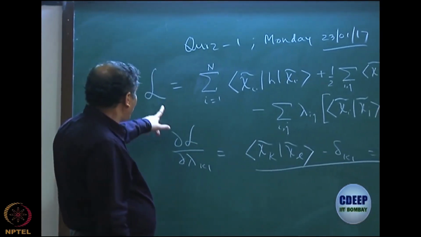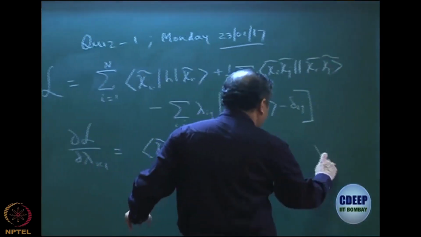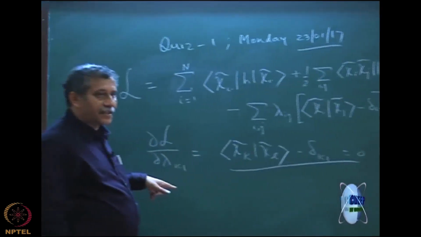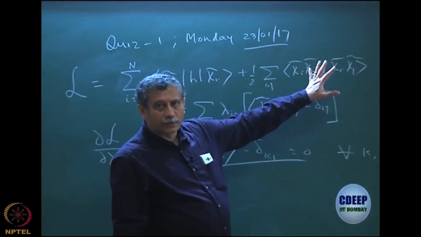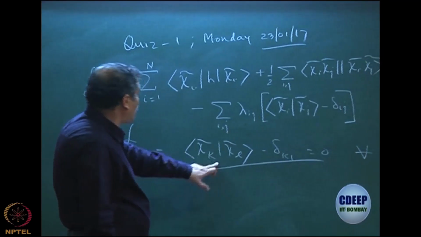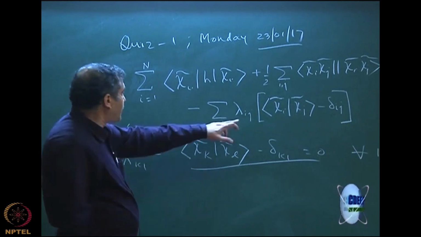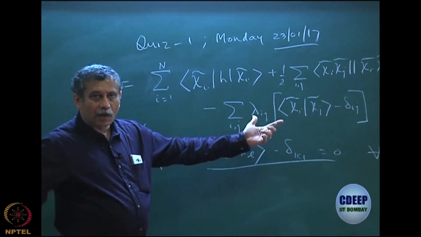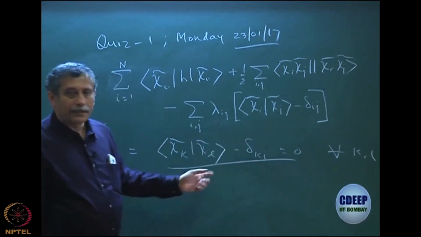If I take the first derivative with respect to a specific index kl, where ij was a dummy index, I am going to do it for all kl, but one set of indices at a time. Say I take lambda kl. Then the first part will not contribute because there is no lambda there; this is a partial derivative. Only the last part contributes, and only when i becomes equal to k and j becomes equal to l does the derivative survive.